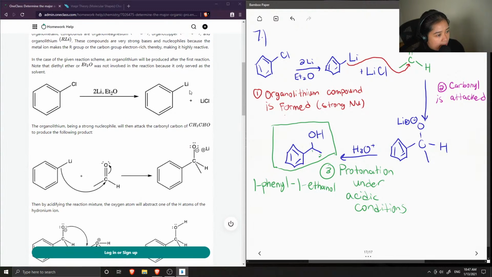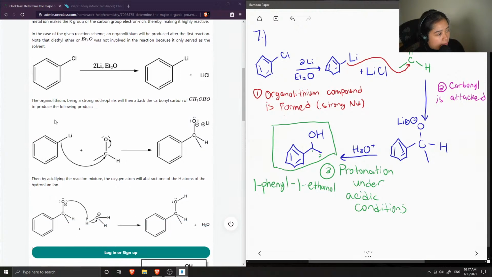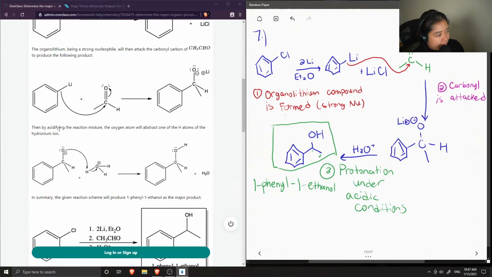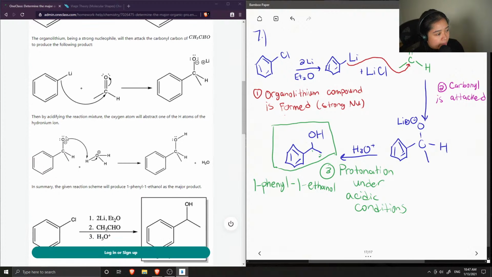Okay, so then they showed the formation of the organolithium compound, which, being a strong nucleophile, will then attack the carbonyl carbon of the acetaldehyde to produce the following product. Okay, and then next, by acidifying the reaction mixture, the oxygen atom will abstract one of the hydrogen atoms of the hydronium.